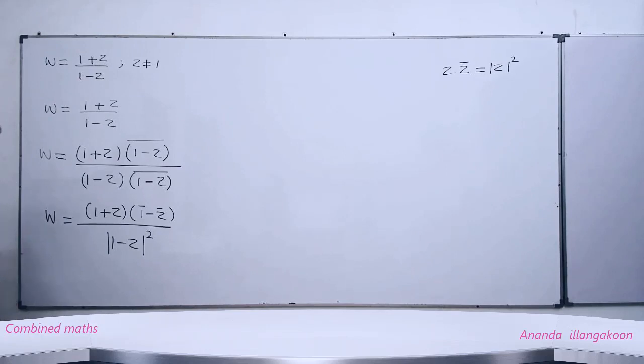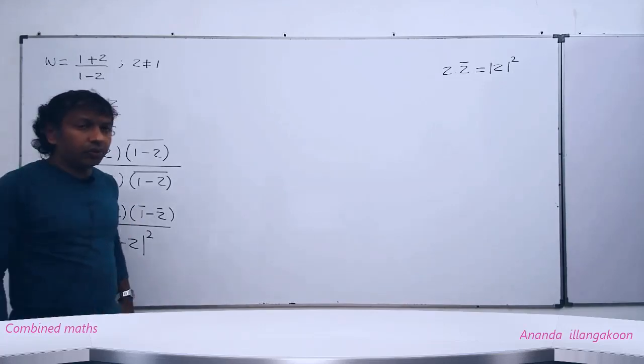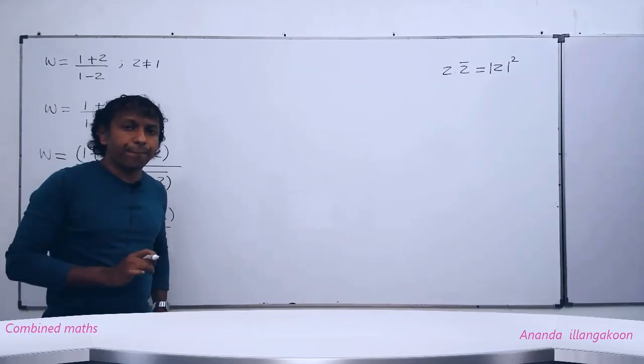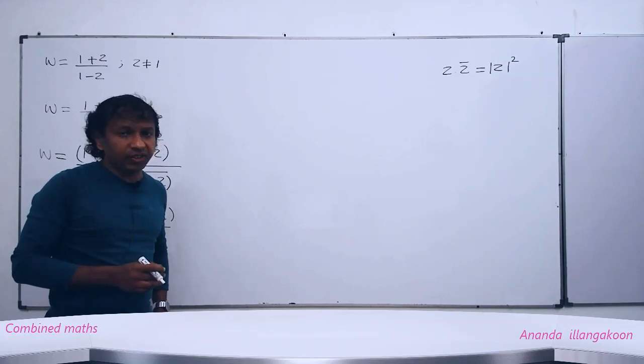Now this numerator, 1 bar. 1 bar is 1. 1 bar means the conjugate of the complex number 1. It is the same. We learned this before.